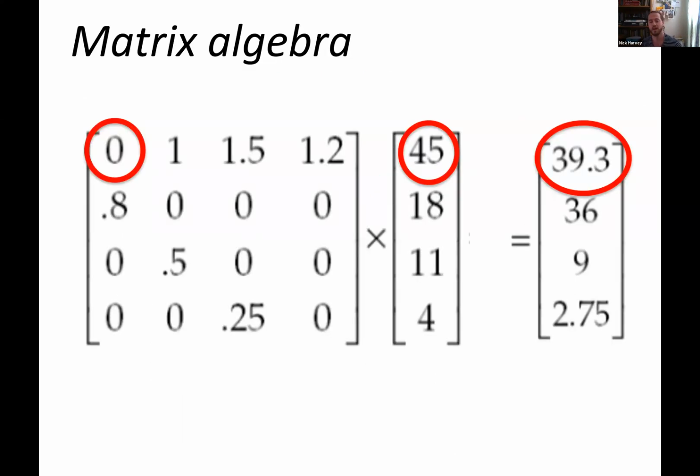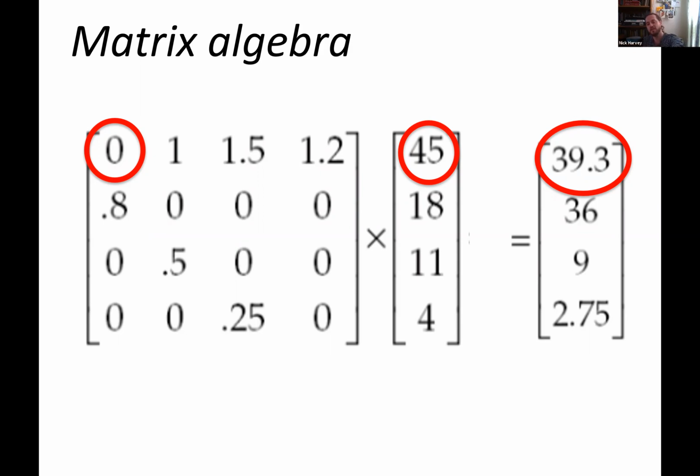Now to do this, we have to do a multiplication, but in matrix algebra, so the way you multiply matrices together is a bit different to how you would do it just with numbers. To get our population size at time t plus 1, which is our matrix on the right here, we multiply our Leslie matrix, the big one on the left, with the one in the middle, which is our population size at time t.